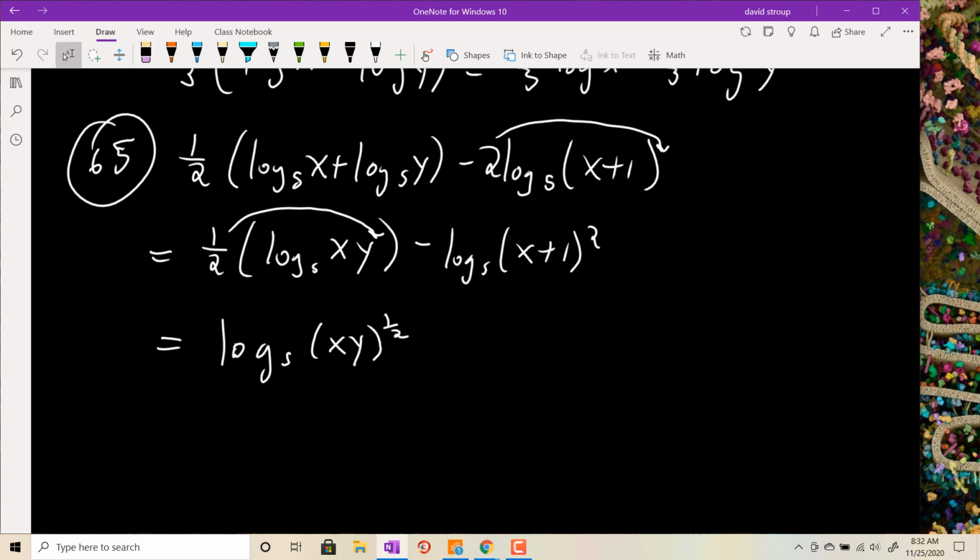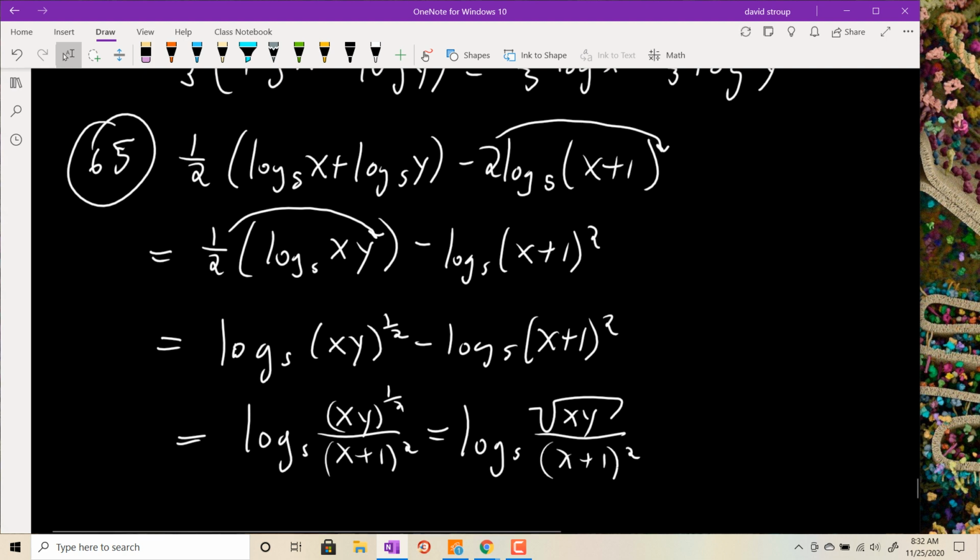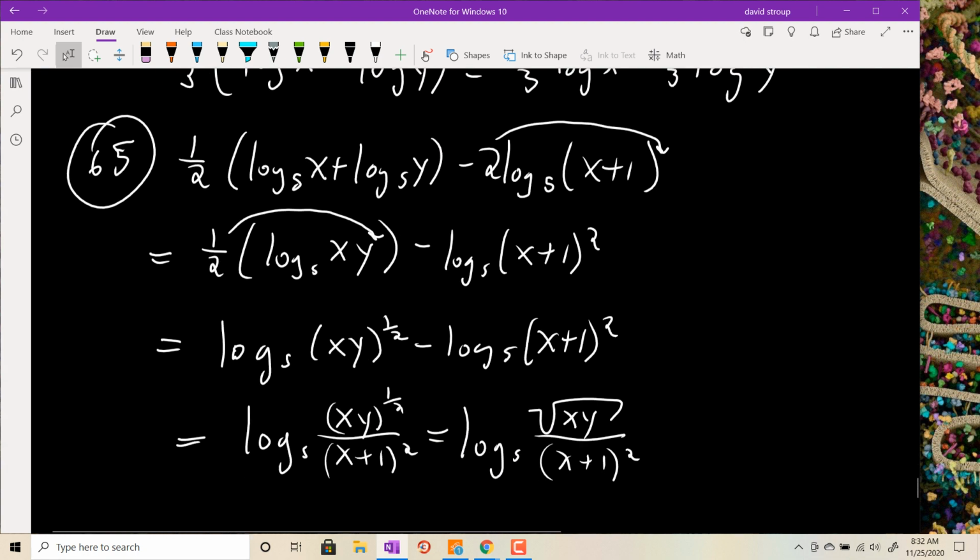It's whatever's inside the log. And then, minus the log base 5 of x plus 1 squared. And then you can combine those two using the quotient rule. So log base 5 of xy to the 1/2 all over x plus 1 squared. And if you wish, you can rewrite the 1/2 power with a square root. But I don't think that's necessary. Okay, so there's expanding and condensing logarithms in section 3.3.